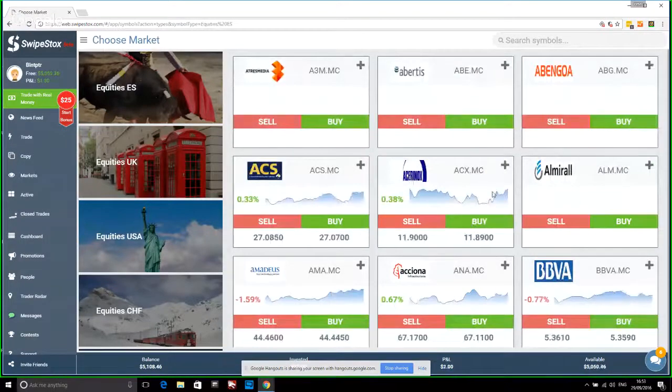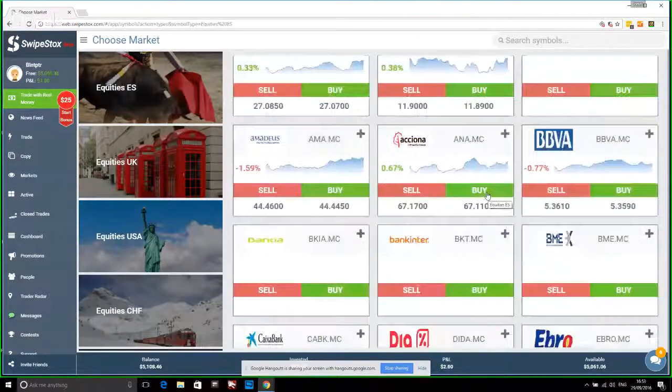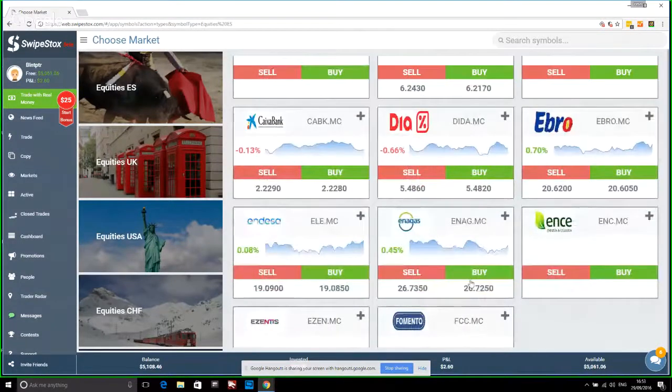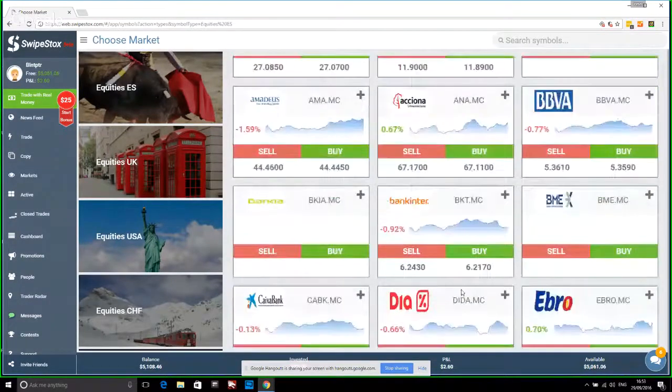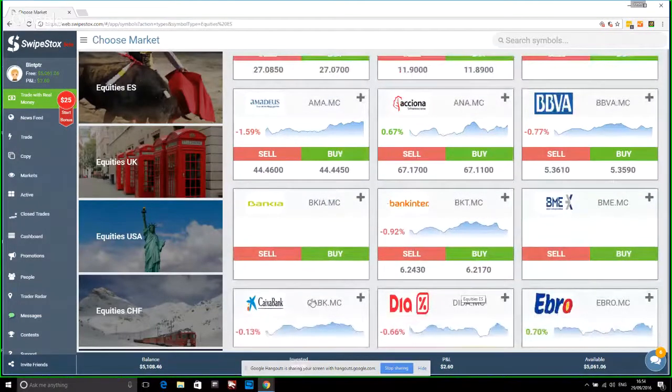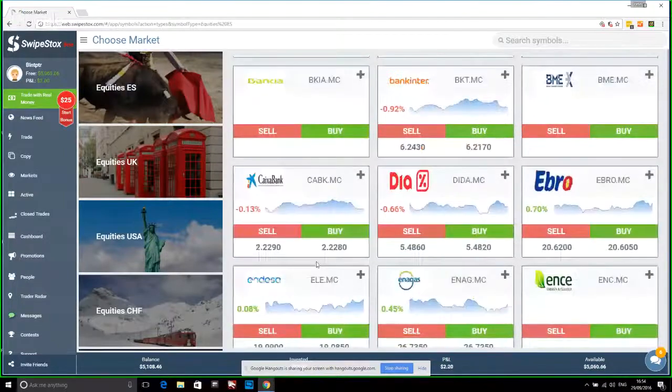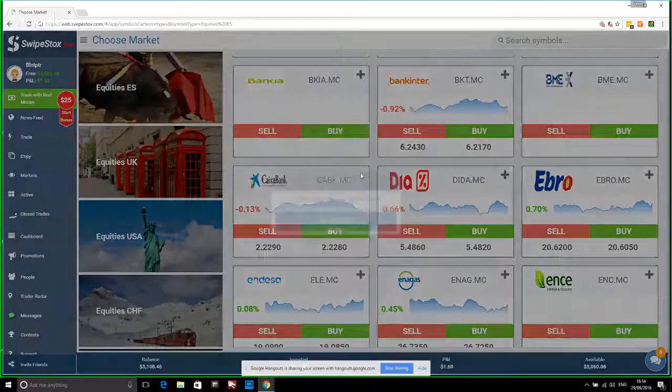I'm not very familiar with Spanish shares, but let me see if something sounds familiar. CaixaBank sounds familiar. So if we want to add that to our list, we just go on plus.